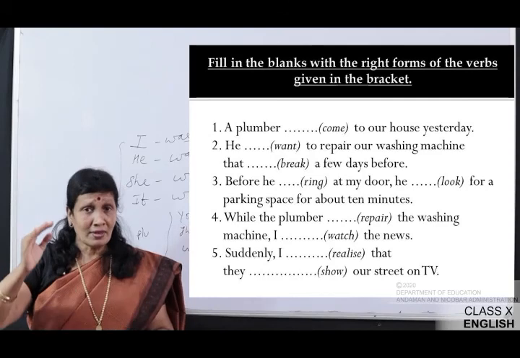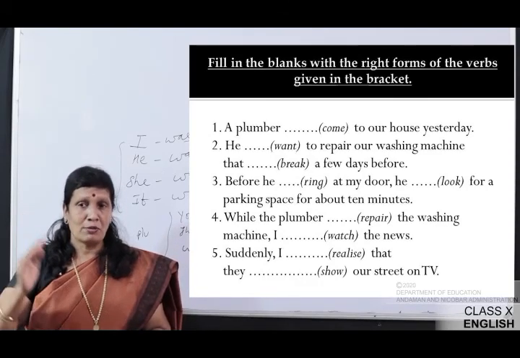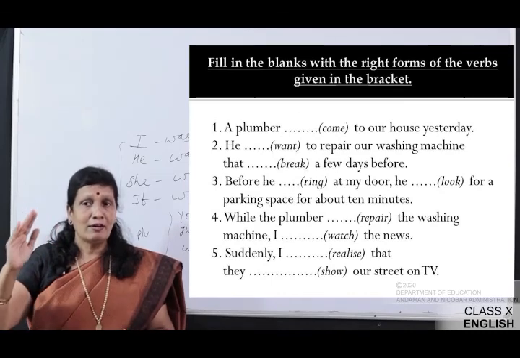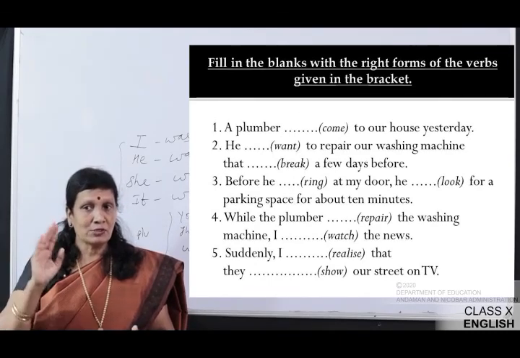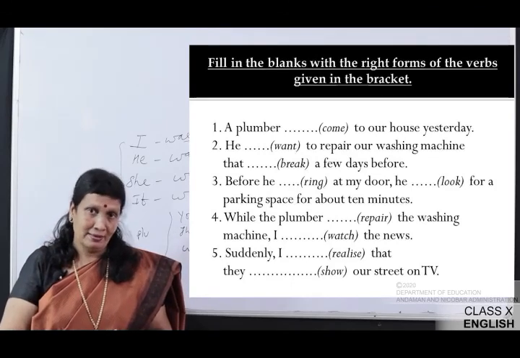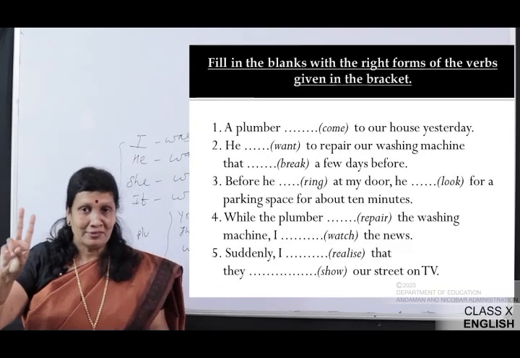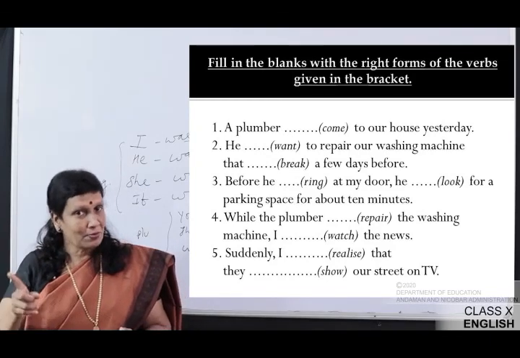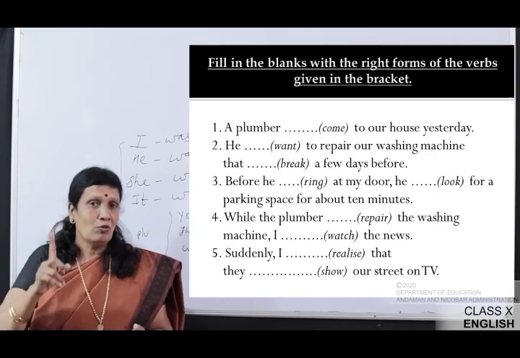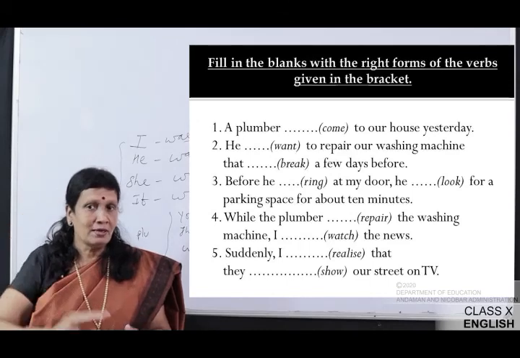He, there's a blank, to repair our washing machine, that a few days before. Here there are two verbs, one is want and the other is break. And you can see there are two actions here. So you have to use the past perfect and the simple past. Now when we had learnt about the past perfect, the first action would be the past perfect.